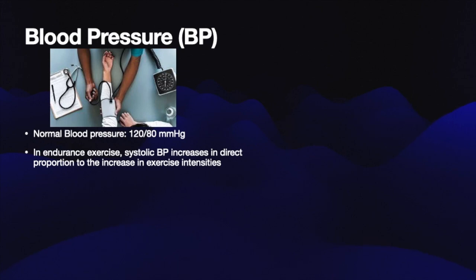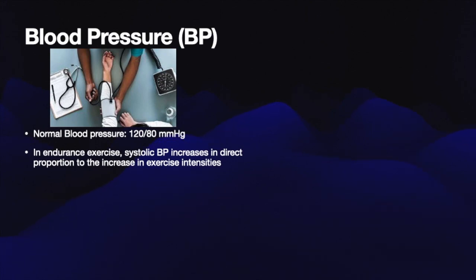In endurance exercise, systolic blood pressure increases in direct proportion to the increase in exercise intensity. So this value, 120, could go higher as exercise intensity increases.